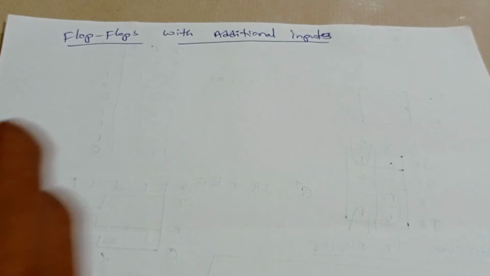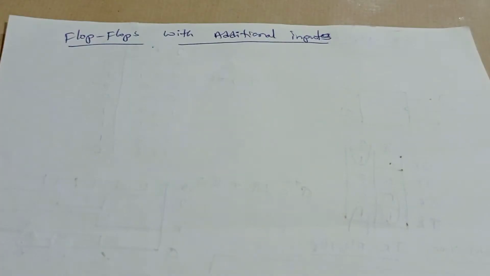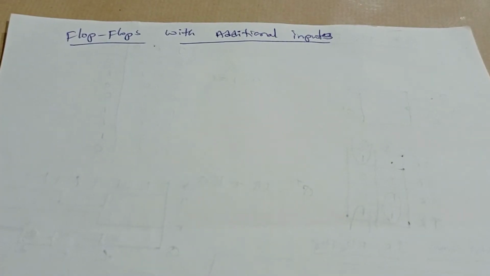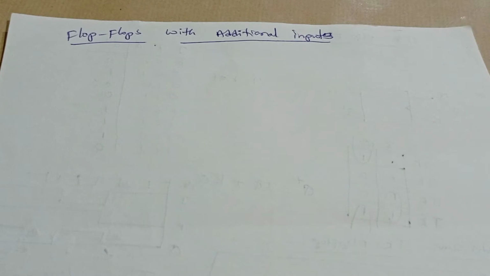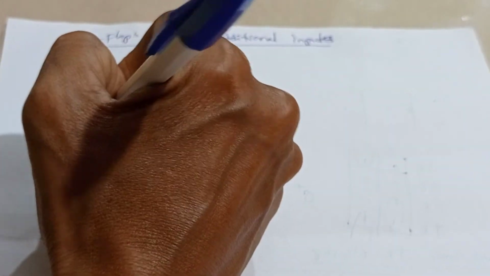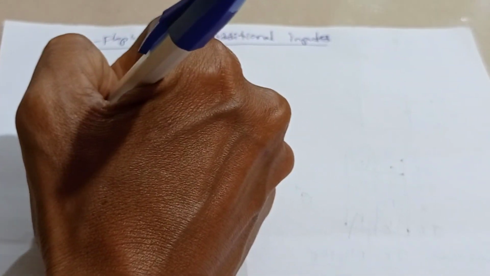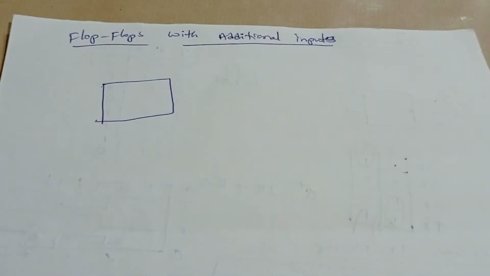Flip-flops with additional inputs. Flip-flops often have additional inputs which can be used to set the flip-flop to an initial state independent of the clock. Here we are considering the D flip-flop as an example. This consists of clear and preset inputs.